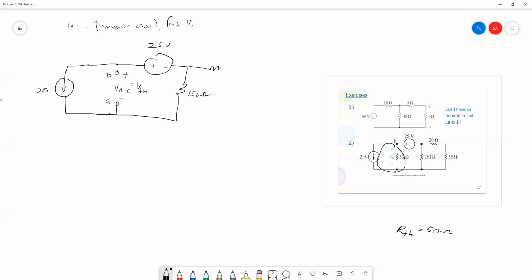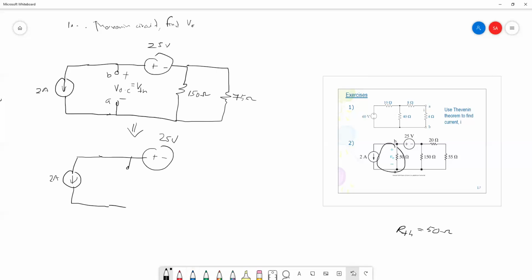Sorry, so then you can series it up, just add up. So this one will be 75. All right. So I can simplify the circuit to become like this. 20 ampere. Same. 25 volt.